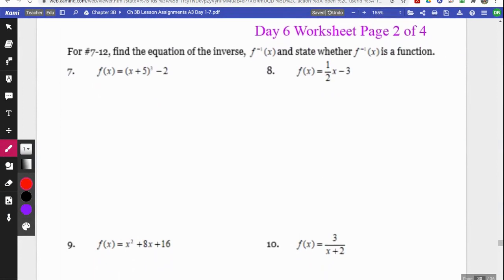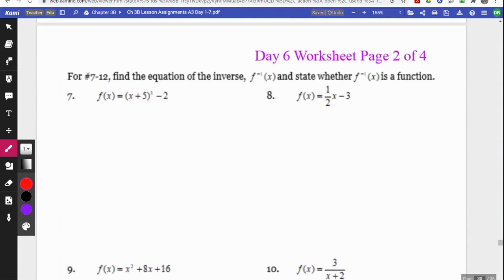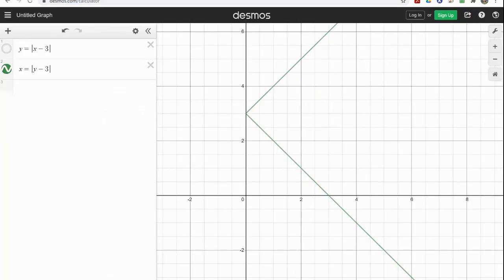We could find the inverse, which is pretty much what it's asking here. Do the same thing. So you would see how we got the cube root of (x plus 2) with a minus 5 equals y. I solved it up there already. And we could tell if its inverse is a function by just looking at the original graph and using the horizontal line test.